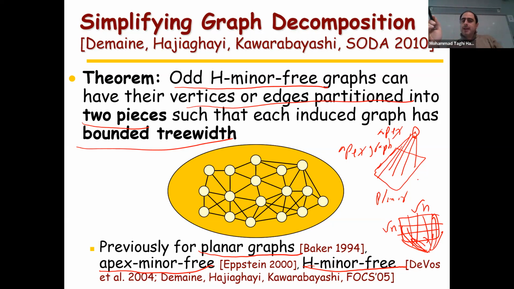So what is the theorem that we have? The vertices can essentially be colored by two colors. So here you can just partition into two sides such that each of them has bounded treewidth. For example, this is one set and the other one is the other set.